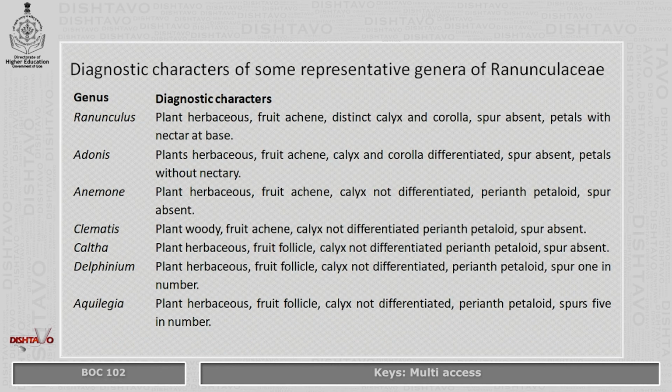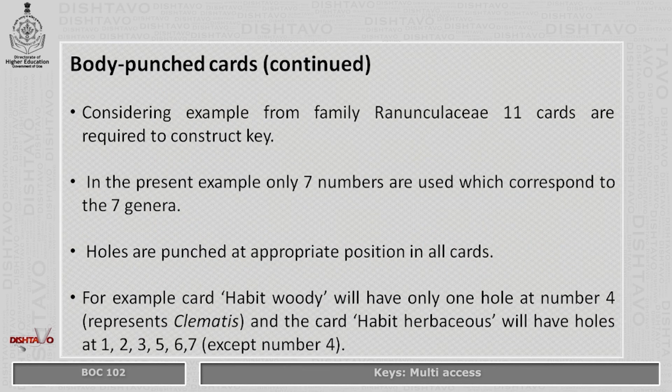If you want to proceed with the identification, the user needs to list down the diagnostic characters using which one can proceed with the identification process. In body punch cards, I have considered the example of family Ranunculaceae, with 11 cards used for constructing the key. In the present example, only 7 numbers are used, which correspond to the 7 genera which represent this family Ranunculaceae. Holes are punched at the appropriate position on all cards.